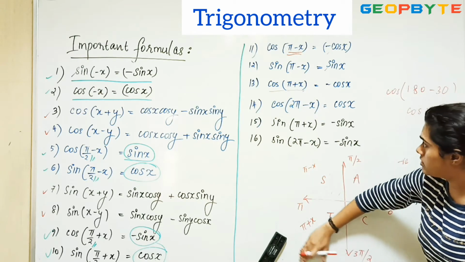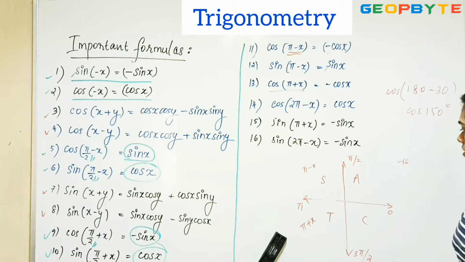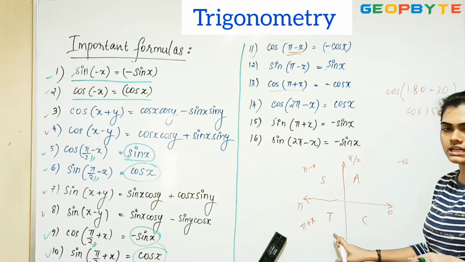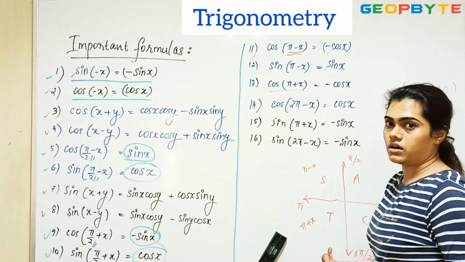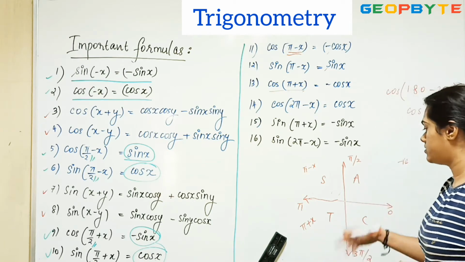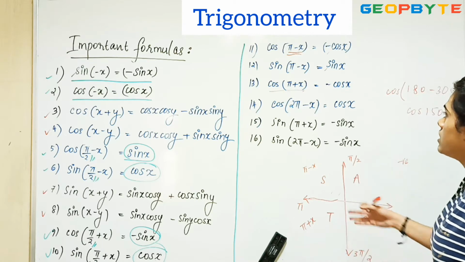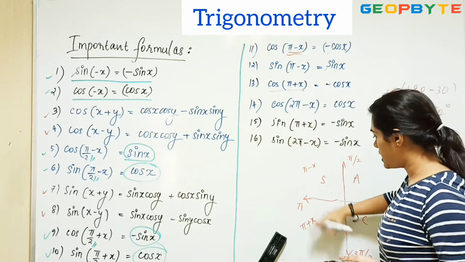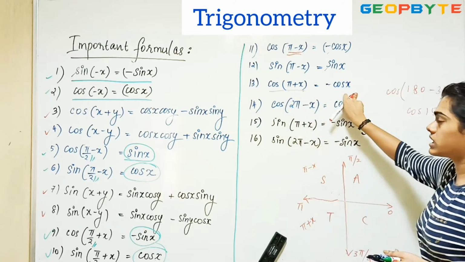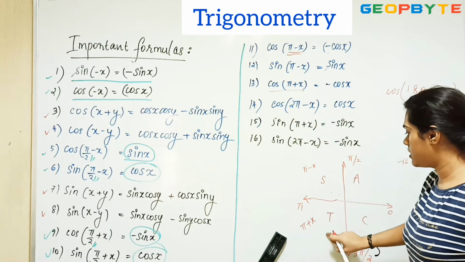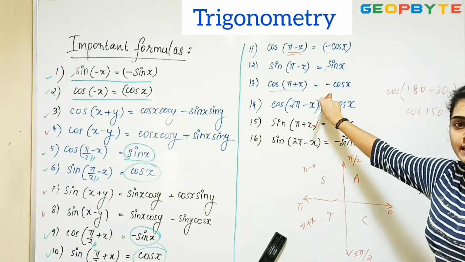It is in this quadrant, right? So what is positive in the third quadrant? Tan and its reciprocal angle are positive. So cos of pi plus x is minus cos x. Pi is there, so the function should be continued. The sign is coming from the third quadrant where cos is negative.